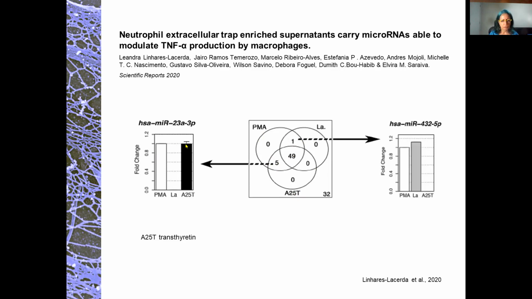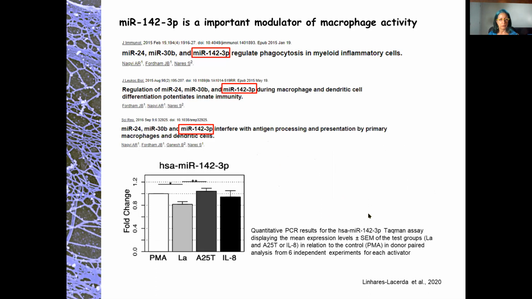And so we identify different microRNAs associated with these NETs. So we observed that there is this microRNA, 142-3p, an important modulator of macrophage activity, that was associated with NETs that we are obtaining with these 4 stimuli.